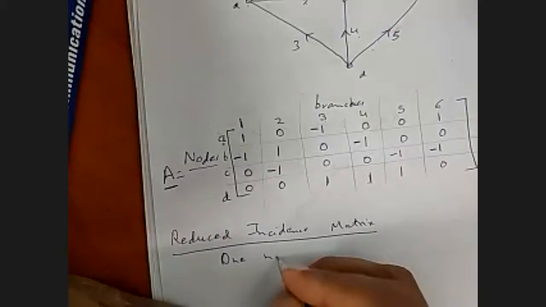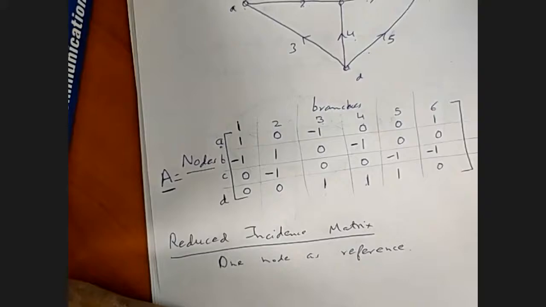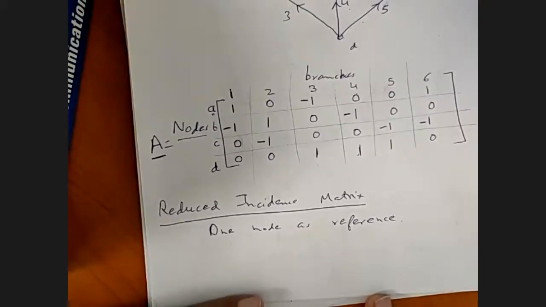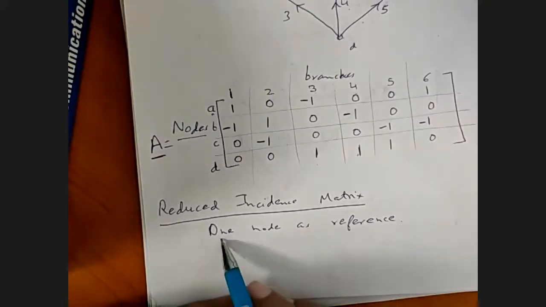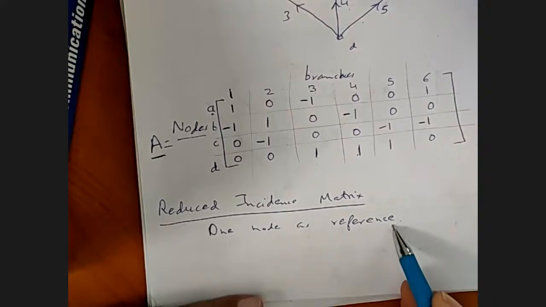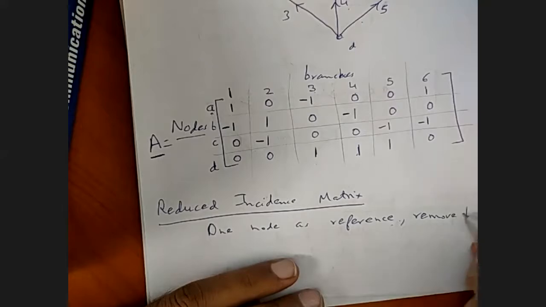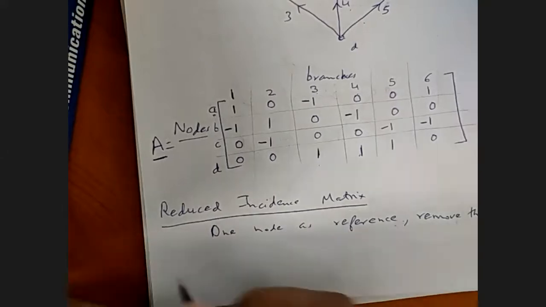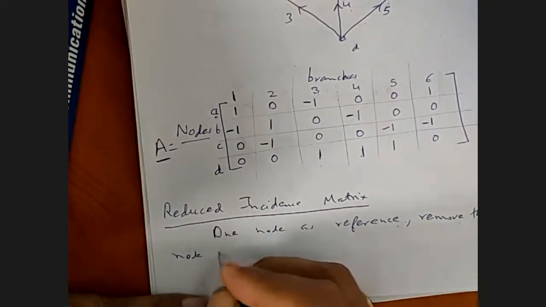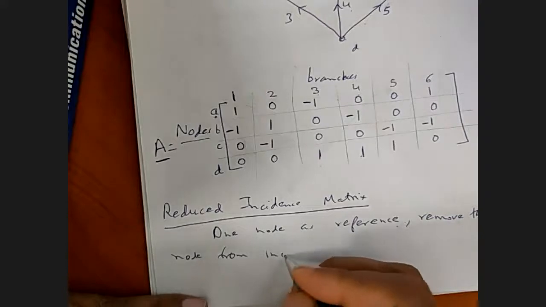We have to make one node as reference, just as we do in nodal analysis. So we make one node as reference and we have to remove that node from the incidence matrix.